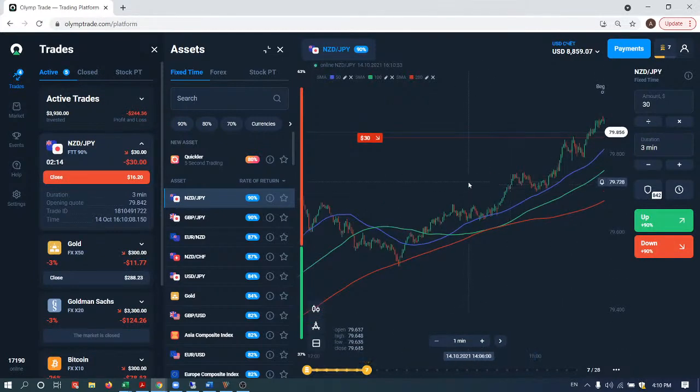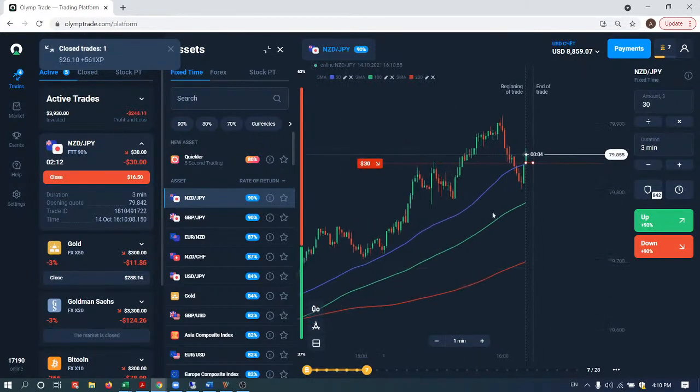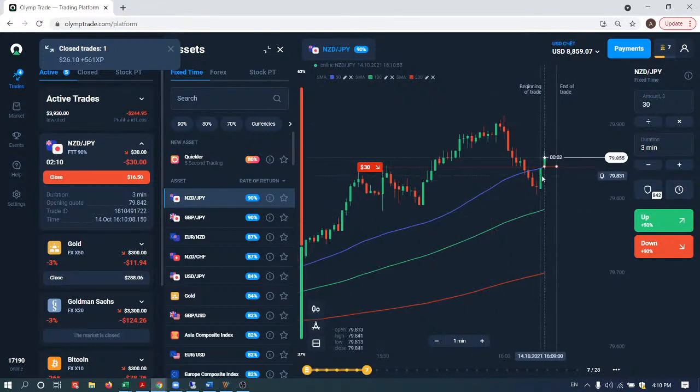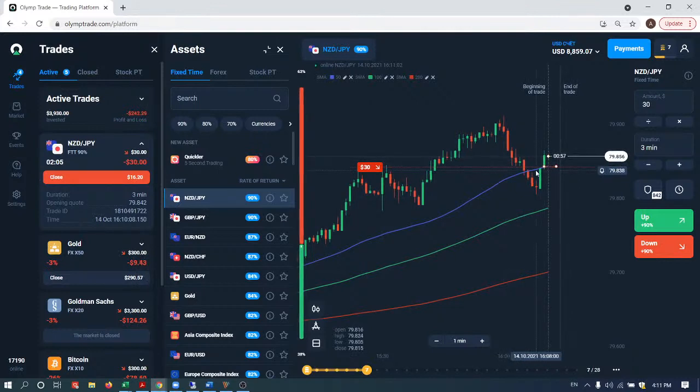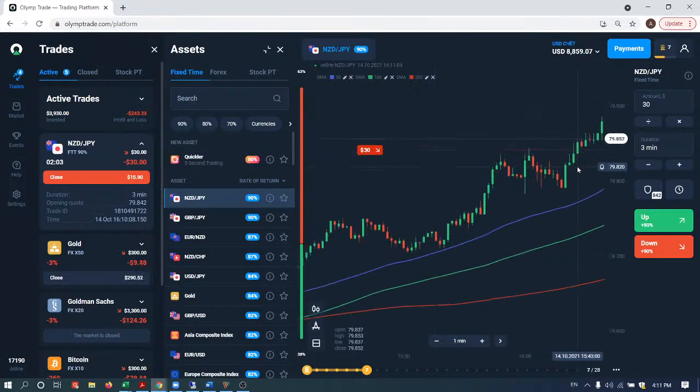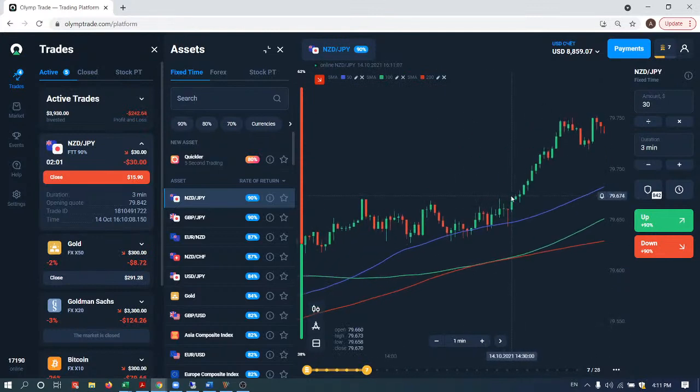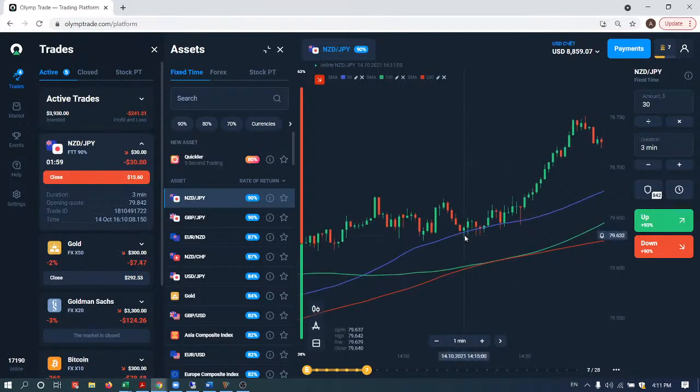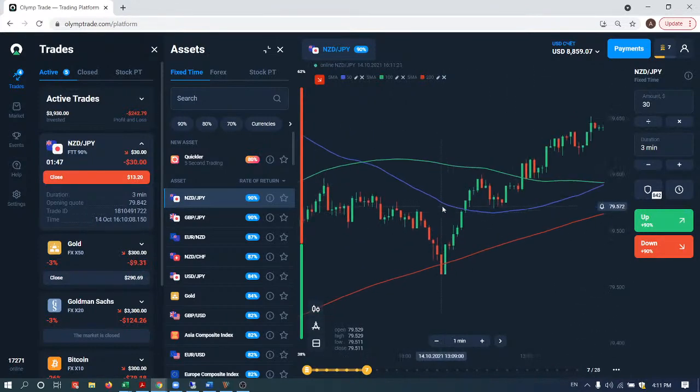This pattern is called role reversal, when the level of support turns into the level of resistance, and vice versa. When I scroll back, I can see that this chart works really well and is very technical in terms of this strategy, and there were multiple possible entries with the 50 SMA.